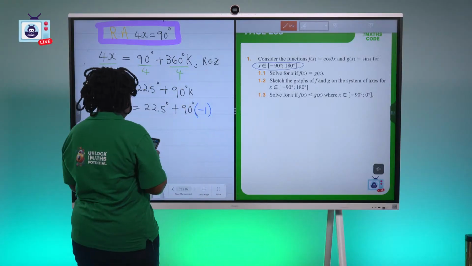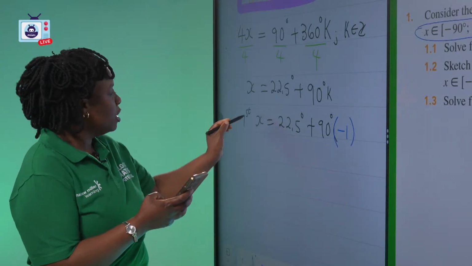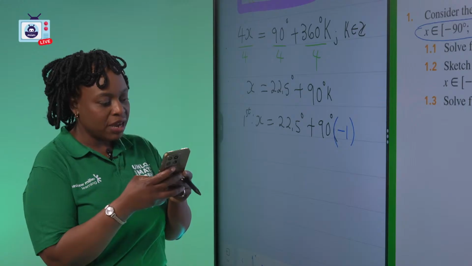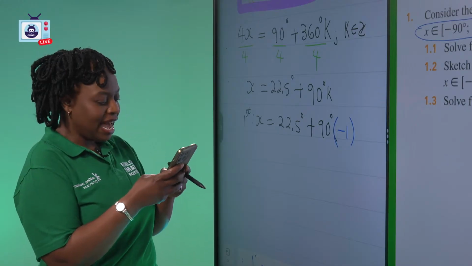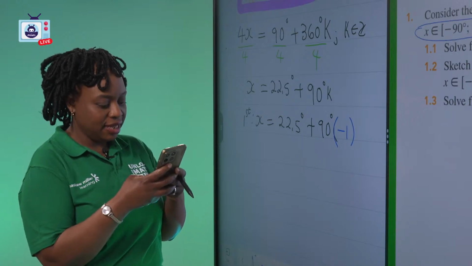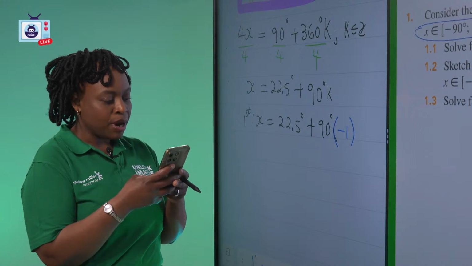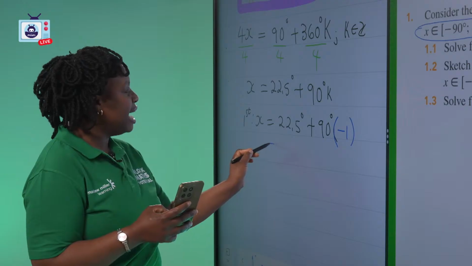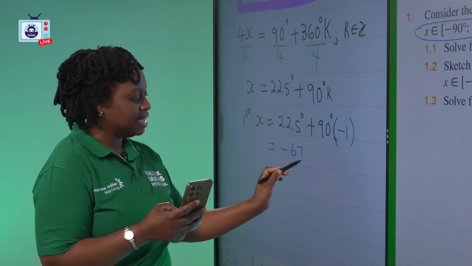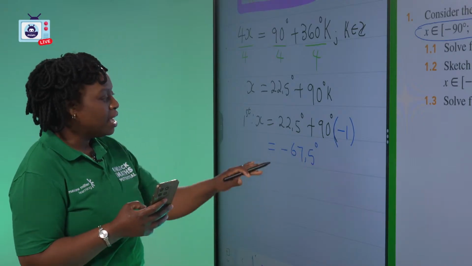You multiply, you use your calculator, and you get the answers that way. So on the first space I would have 22.5 plus 90, putting this on my calculator so I can just substitute all the time, multiplied by -1, and that gives me an answer of -67.5 degrees. Remember, that's the first one.